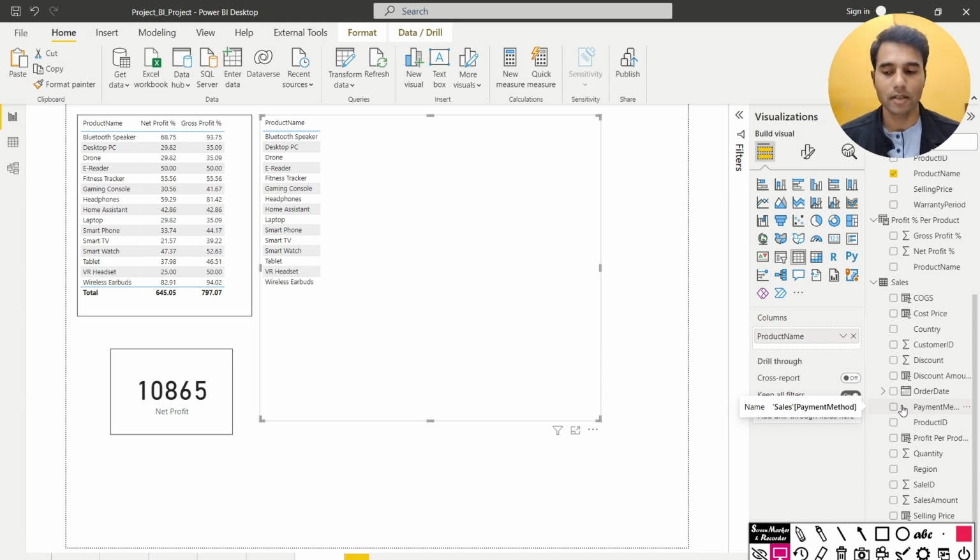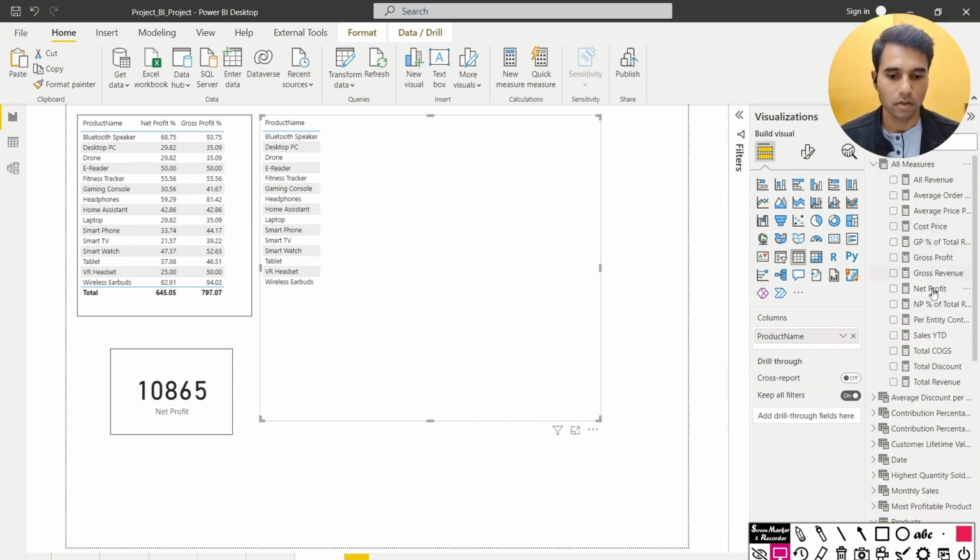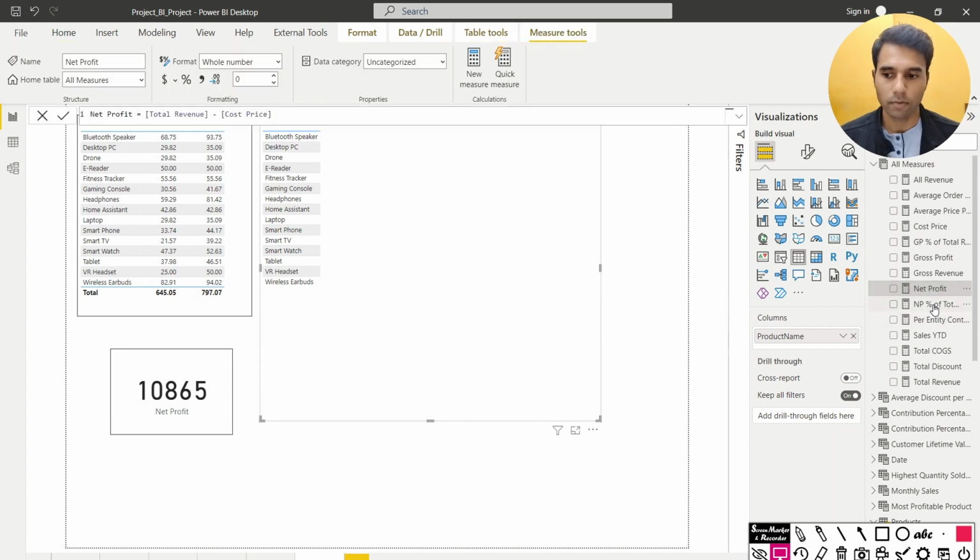Net profit is a percentage of gross revenue or total revenue. What was it? Let's just check the measure. So net profit is total revenue minus cost price. So we are calculating both as a percentage of total revenue, not the gross revenue.